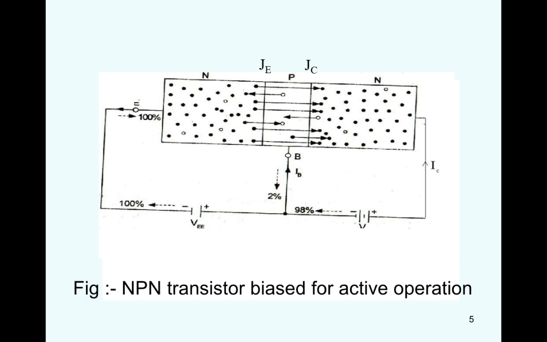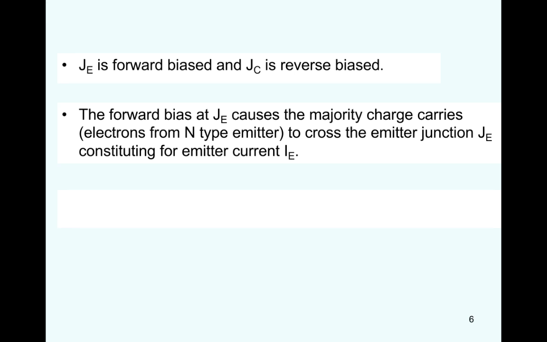Just observe these points. JE is forward biased and JC is reverse biased. The forward bias at JE causes the majority charge carriers from the emitter to cross the emitter junction JE, constituting the emitter current, so the electrons from the emitter move to the base side.